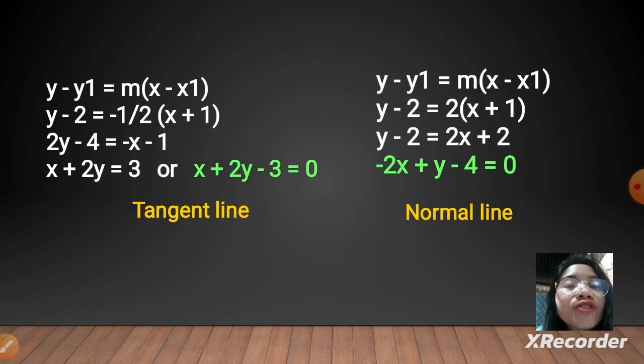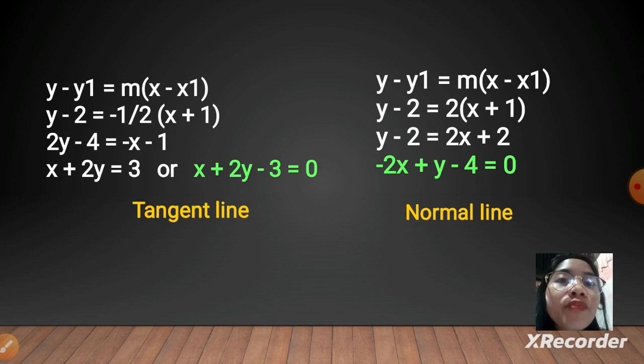So, for the tangent line, we have y minus y sub 1 equals m times the quantity of x minus x sub 1. So, substitute the values of x and y. We have y minus 2 equals m, which is our slope, -1/2, times x plus 1, where the value of x sub 1 is -1.